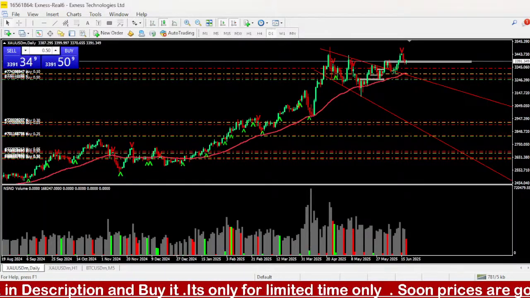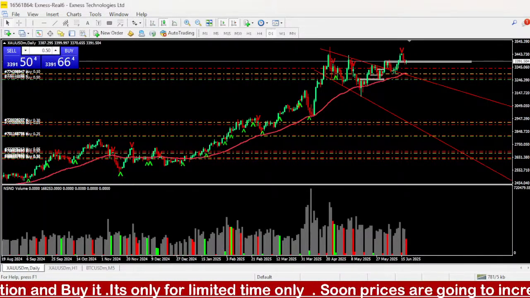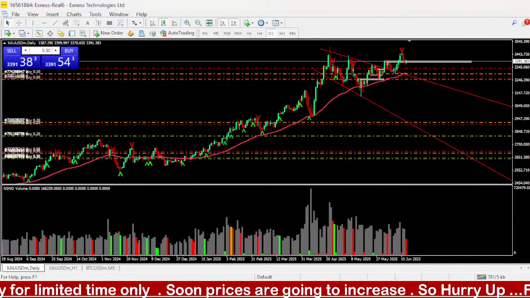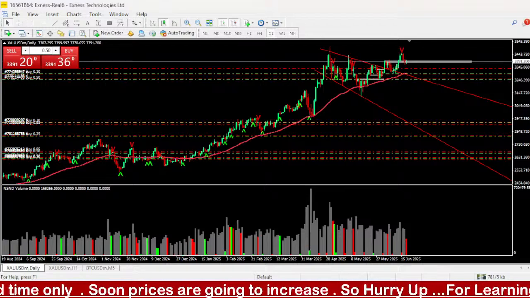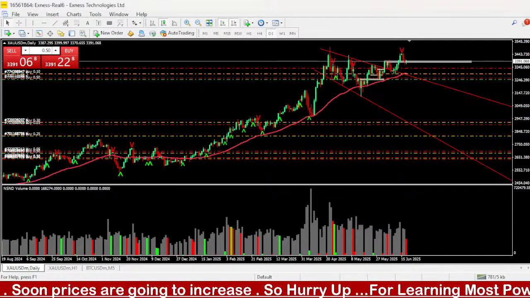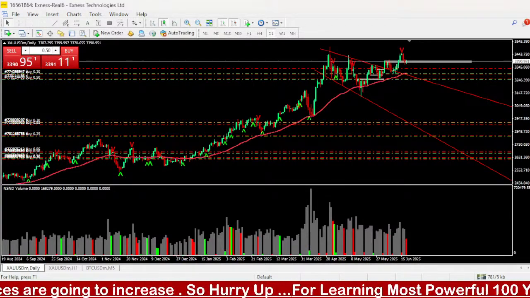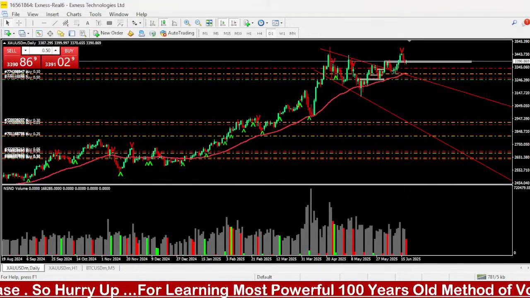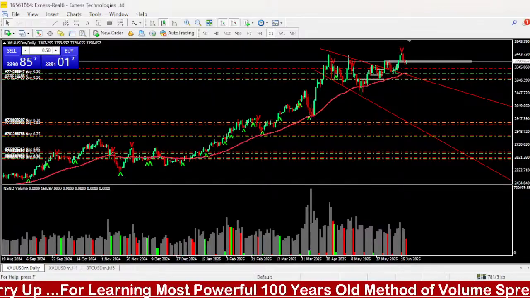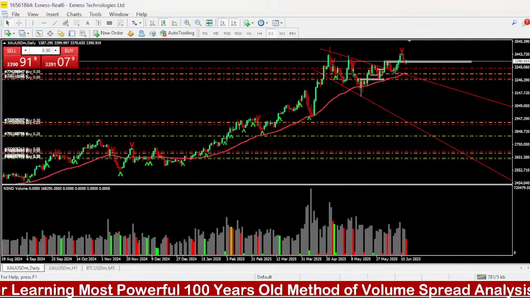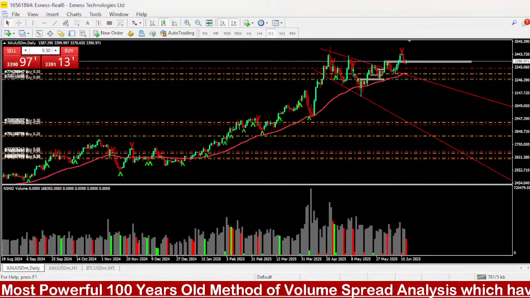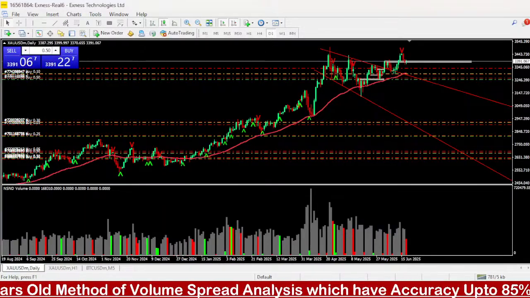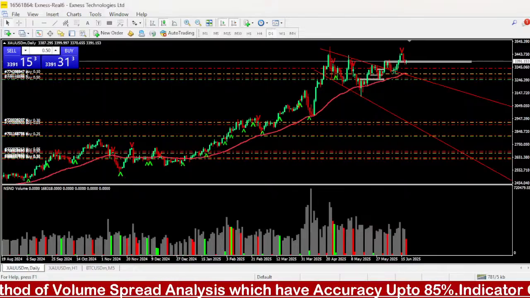So currently, if we talk about structure, if we talk about waves, if we talk about fundamentals, all those things are in bullish scenario for the gold. Why? Because dollar is weakening day by day, and maybe chances of war is increasing day by day.